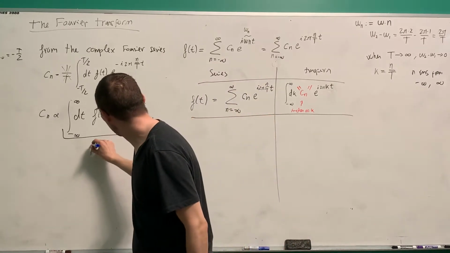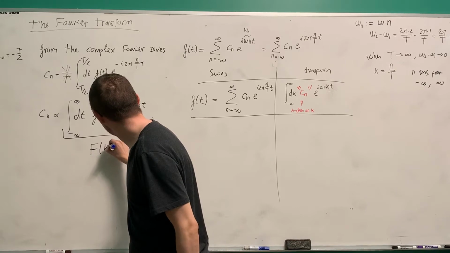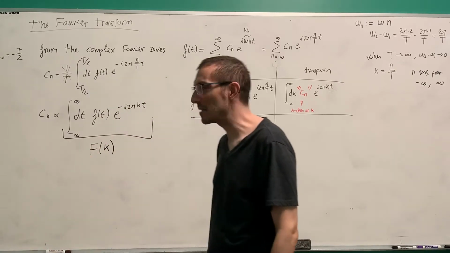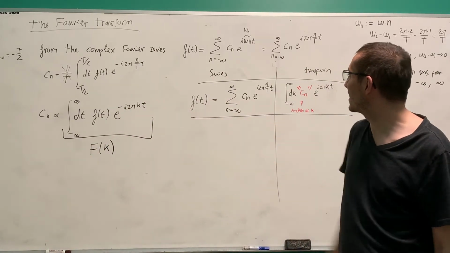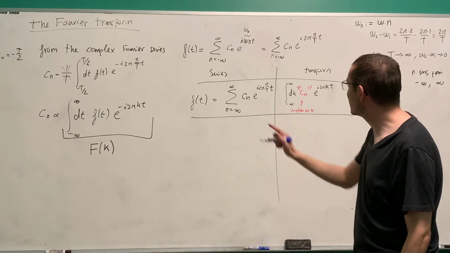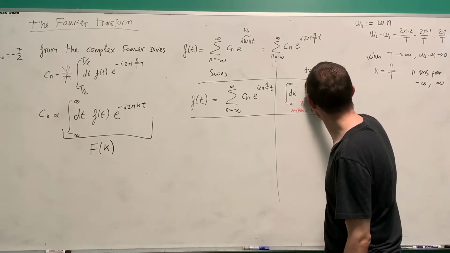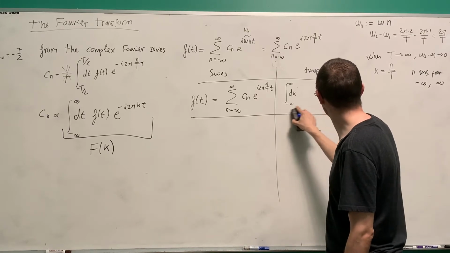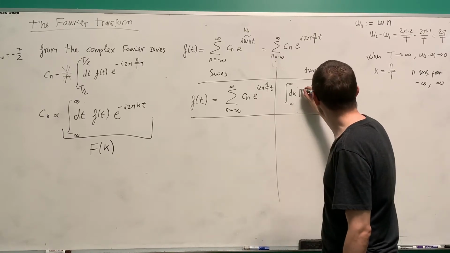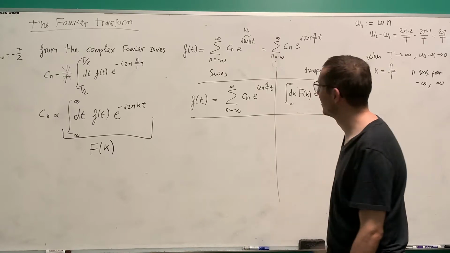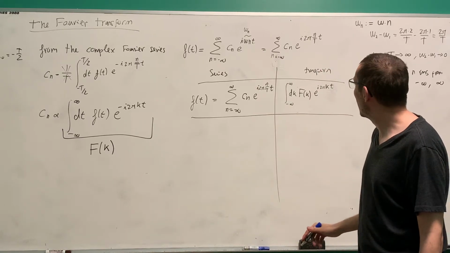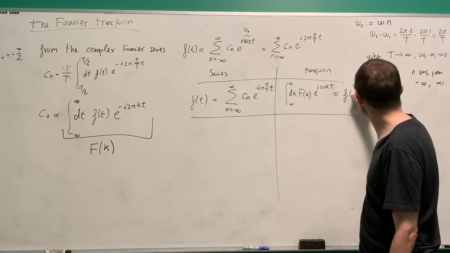This thing, let me call it capital F of k. This capital F of k that I have here is what is going to substitute Cn in here. So it would be a capital F of k, and now this will be f of t.